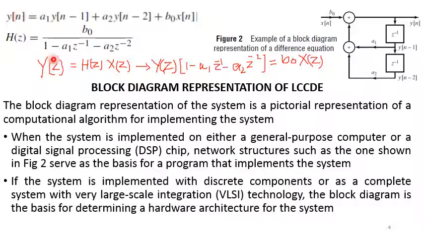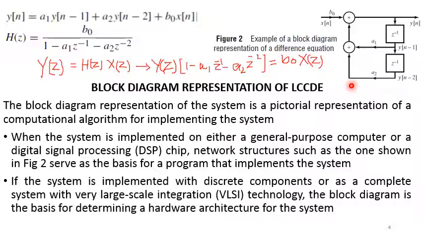So as we said previously, the block diagram representation of the LTI system is a pictorial representation of the computational algorithm for implementing the system. When the system is implemented either on a general purpose computer or a digital signal processing chip, the network architectures and the network structures, such as the one shown here in figure 2, serve as the basis for a program that implements the system.